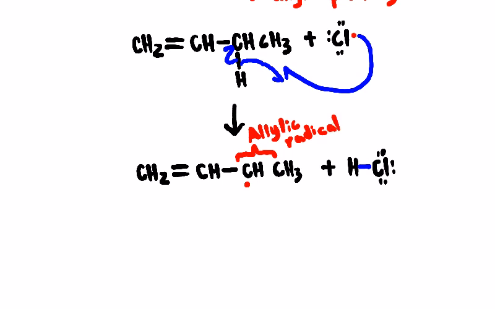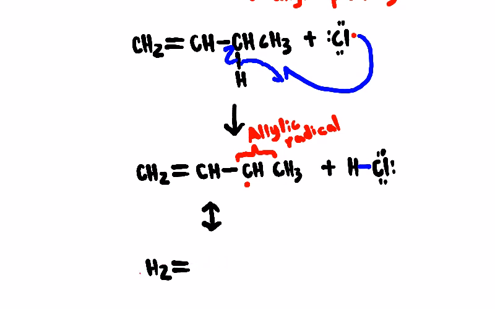So the actual electron configuration of this intermediate, the allylic radical, is not going to represent that electron actually being present and stuck on that carbon atom, but instead, by resonance, the actual structure would represent an average or a hybrid, as you might call it, of the possible resonance structures.